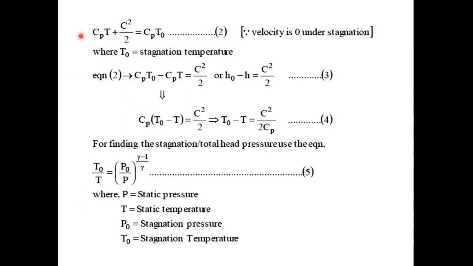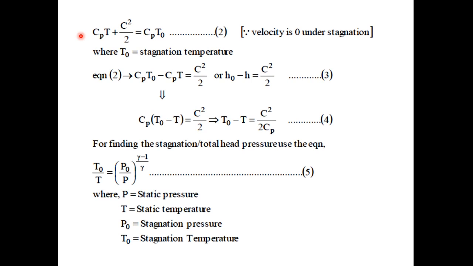Now the equation we got in the previous slide was Cp T + C²/2 = Cp T0 + C0²/2. Now T0 and C0 stand for temperature and velocity at stagnation condition respectively. But you need to remember the definition of stagnation condition itself.